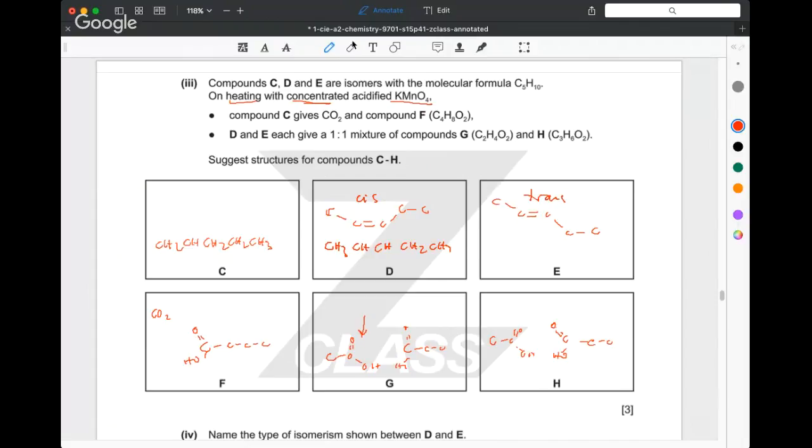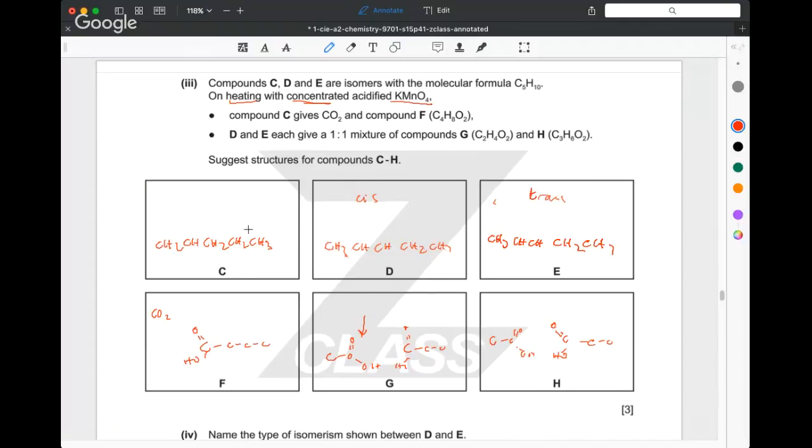So you've got to mark these up as cis and trans isomers, so that they're the same formula, but one is trans and one is cis.